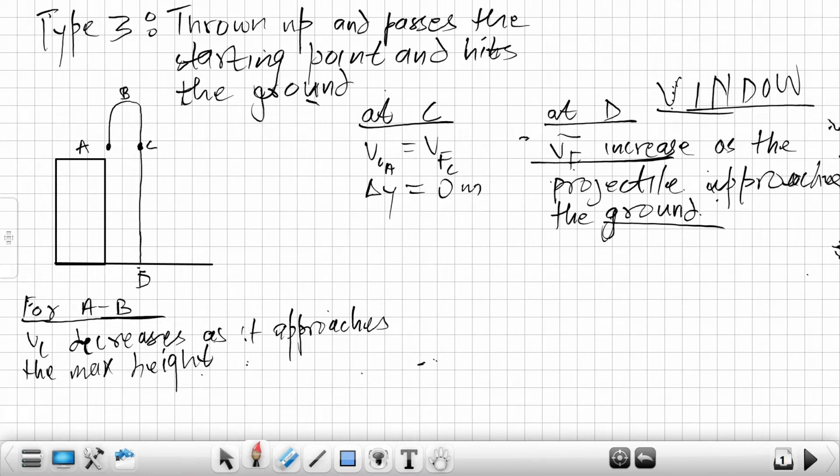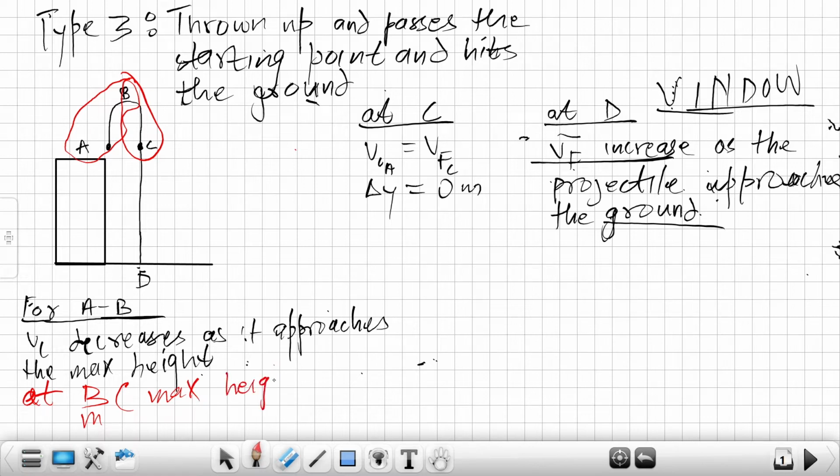I can work with A to B, then B to C, or even C to D. Depending on the information given, I will specify exactly which path I'm looking at and which information is given to me. So I can easily say now, at B, we know that our maximum height.